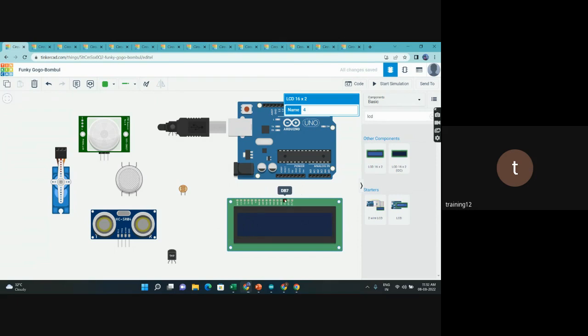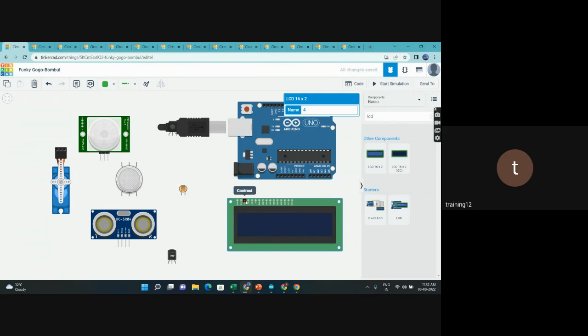Next are the 8 data bit pins, 0 to 7. Next is the enable pin, used for sending data to the data pins of the LCD. Next is the read write pin, RW pin. Next is the RS pin, used for selection of the data and command register.